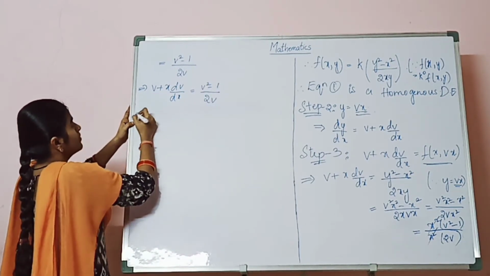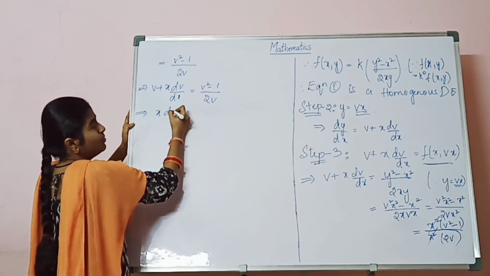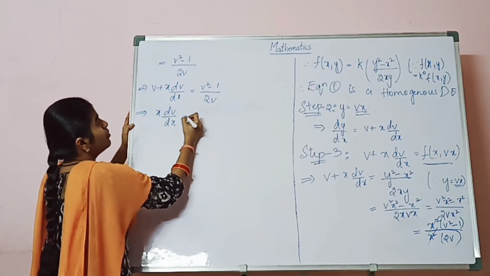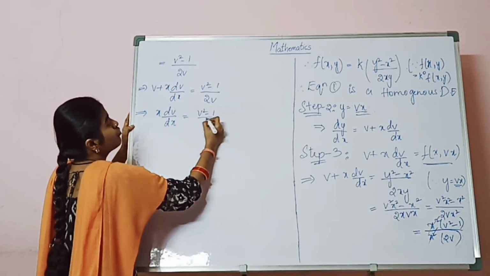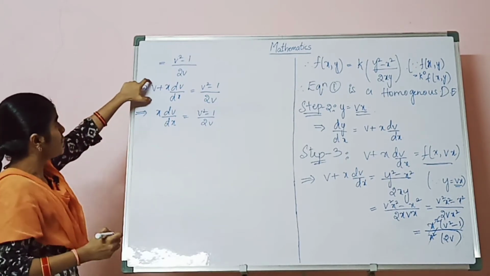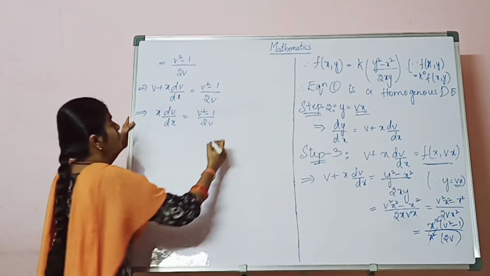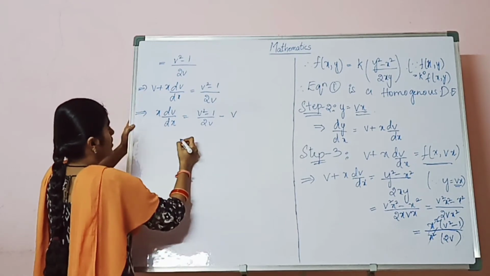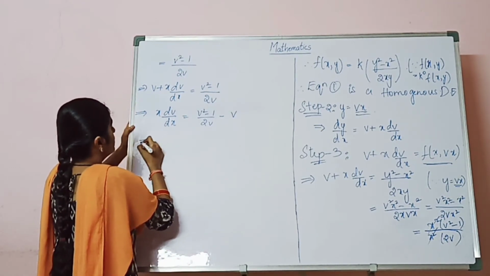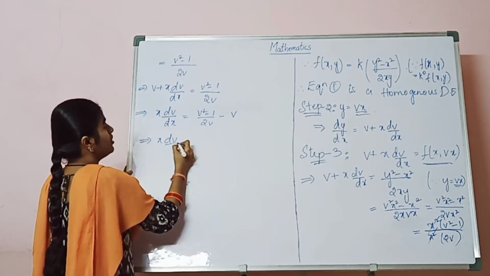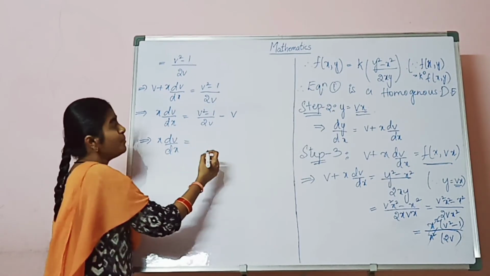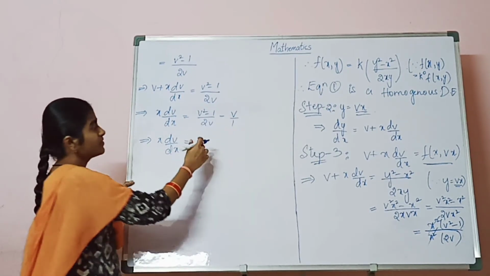Now that implies x into dv by dx equals v square minus 1 by 2v as it is. Now we should take this v this side, so it will become minus v. That implies x into dv by dx equals, now we have to take LCM.